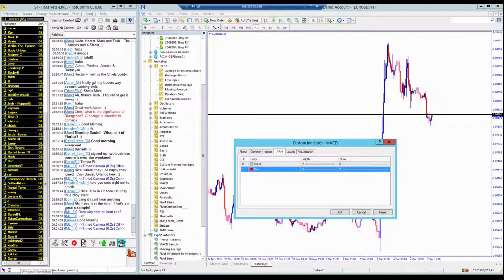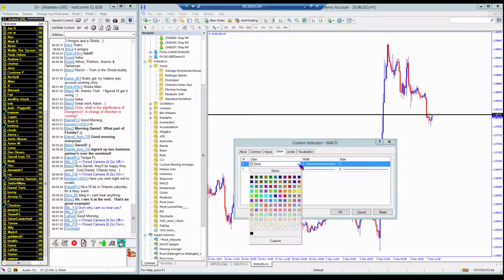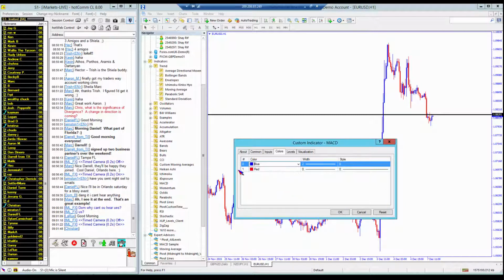Let me just make sure we're seeing the same pages here. Okay, red and blue on the colors. The inputs are 3, 10, 16.